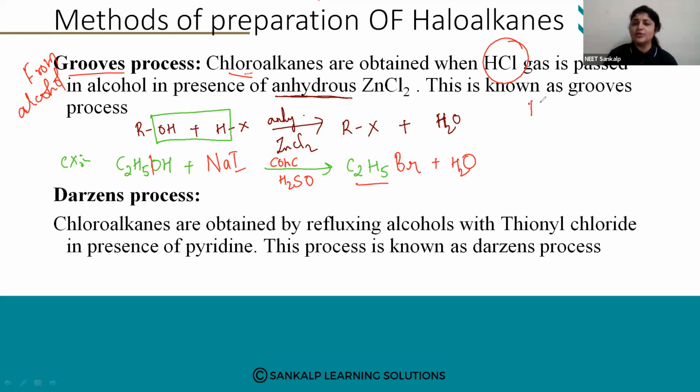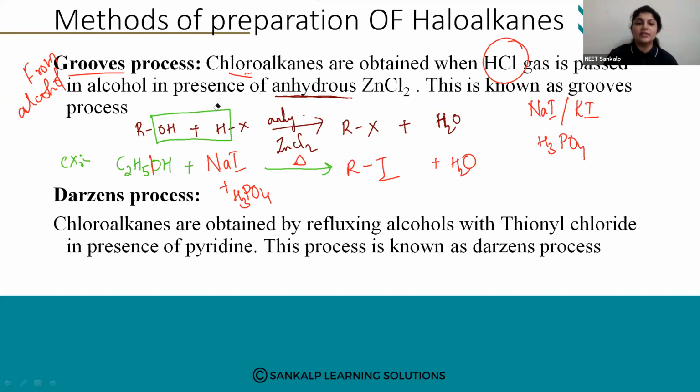So either you can use sodium iodide or potassium iodide in the presence of orthophosphoric acid, that is H3PO4. This is the condition and you have to heat it. What you obtain are iodoalkanes.